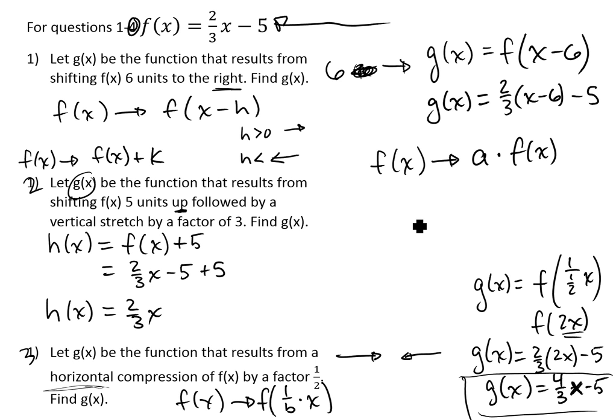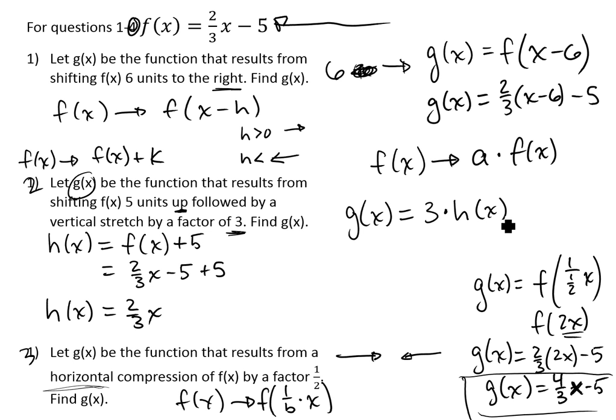So I can see that if my stretch factor is 3, it's very simply going to be g of x is going to look a lot like 3 times the function I left off with, which was h of x. 3 times the function h of x.